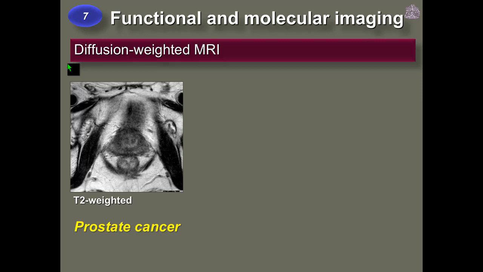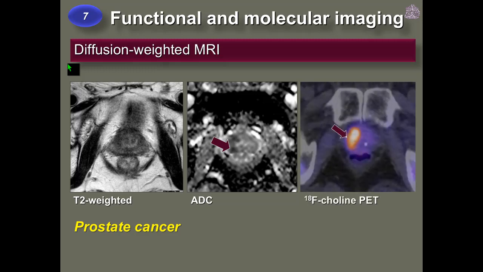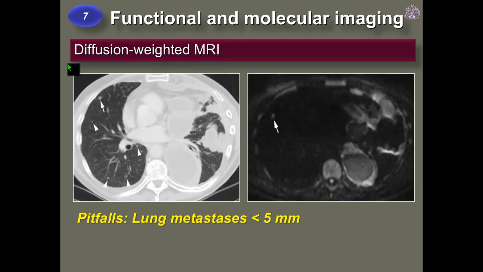And sometimes, for example, in prostate cancer, particularly after androgen deprivation therapy, the tumor may be really difficult to see. That's why you need additional imaging to guide you. Here we can see the diffusion-weighted imaging and the choline PET, again corroborating the presence of residual disease.